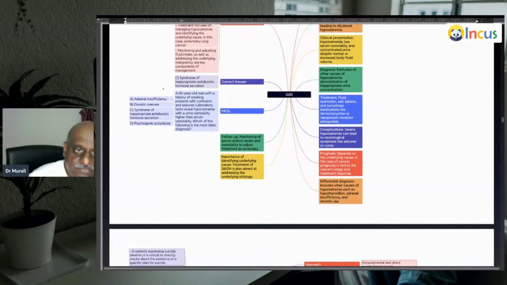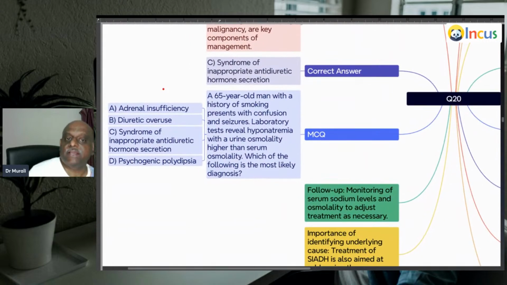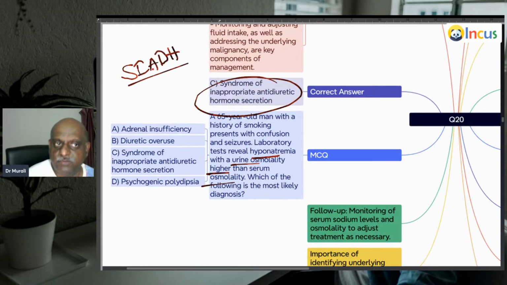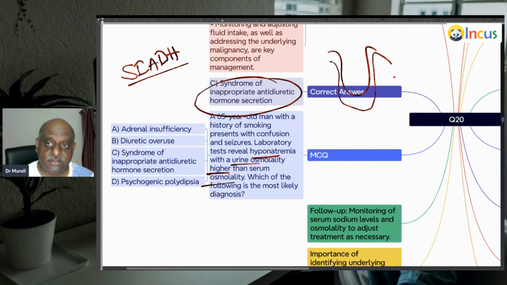Now, doctor, a 65-year-old with a history of smoking presents with confusion, seizures, hyponatremia, and urine osmolality higher than serum osmolality. What is the most likely diagnosis? SIADH, the syndrome of inappropriate ADH secretion. When ADH is produced inappropriately, what will happen? There is no diuresis. When there is no diuresis, all the water in the tubules is reabsorbed back into plasma.